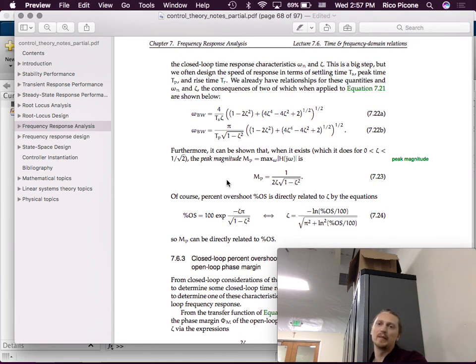But if you look at the bandwidth, which is pretty easy to compute, it's related to zeta and the settling time and the peak time.